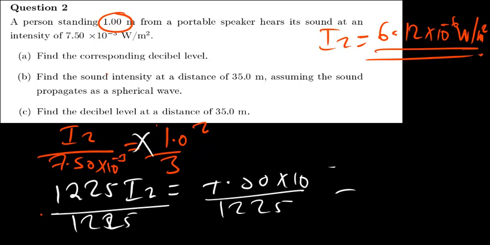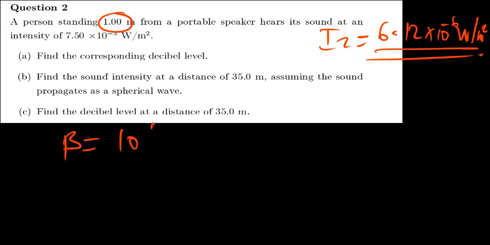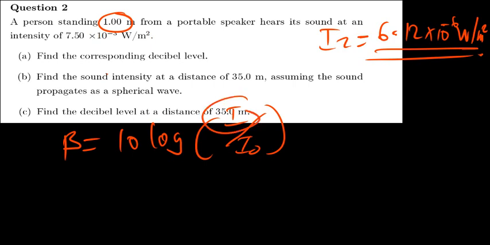Then the third question, which is part C, is saying find the decibel at this point. Now they want us to use the same formula: 10 log I divided by I0. I0 is always constant, 1.0 times 10 to the power negative 12. For the top part, I'll use this intensity because at the distance of 35 meters the intensity is this.